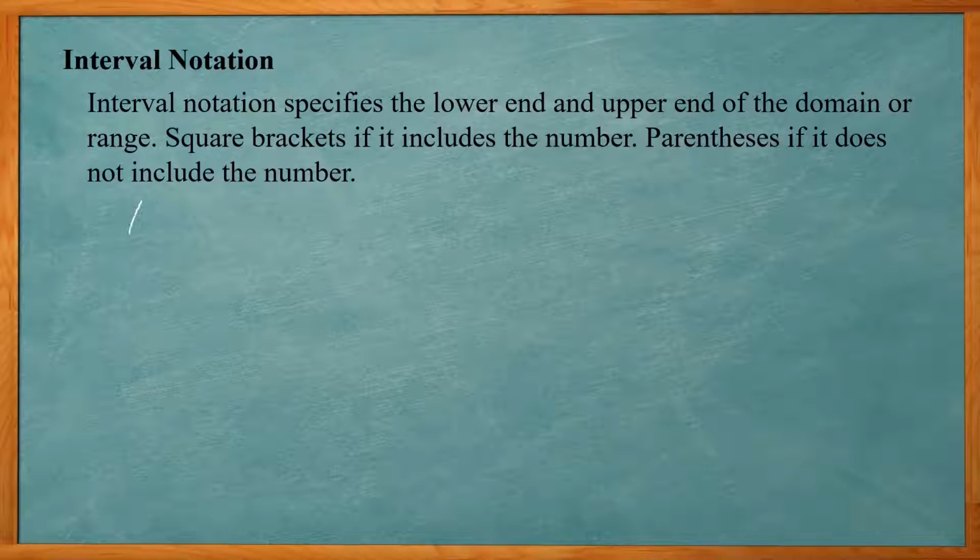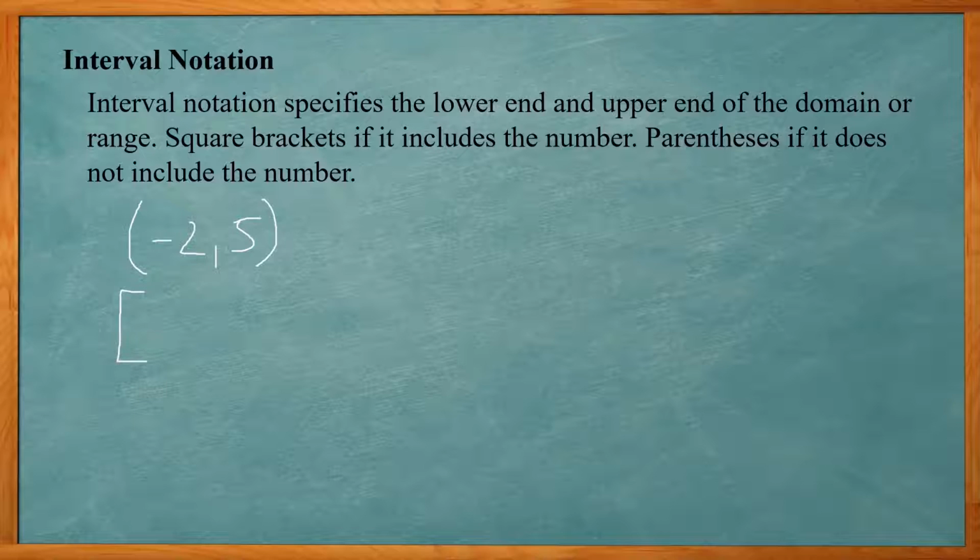So if you see a domain like this, -2, 5, these are parentheses. That means these are numbers from -2 to 5, but not including -2 and not including 5.